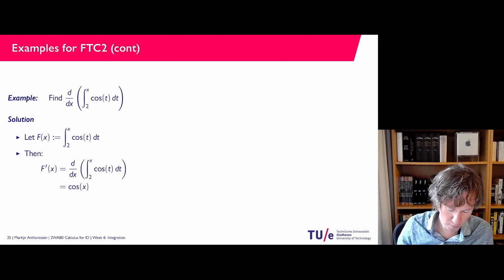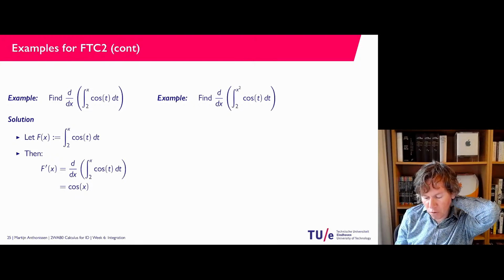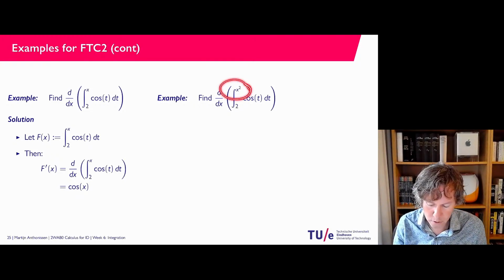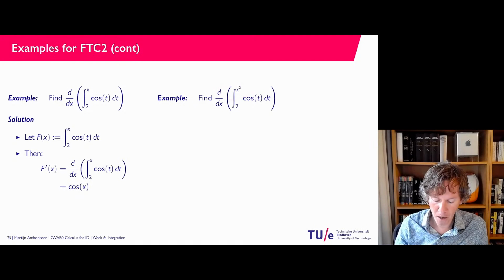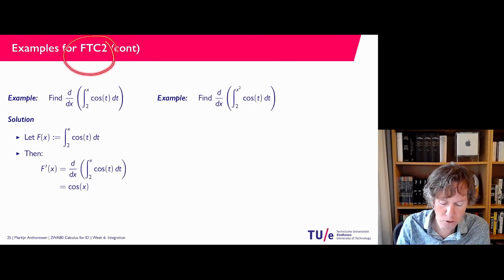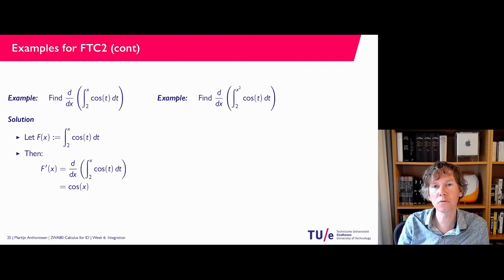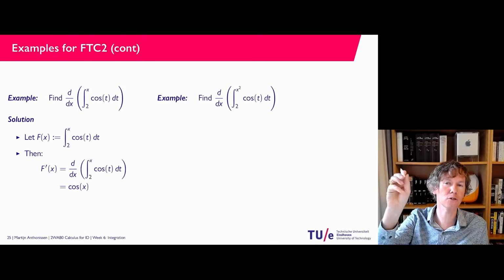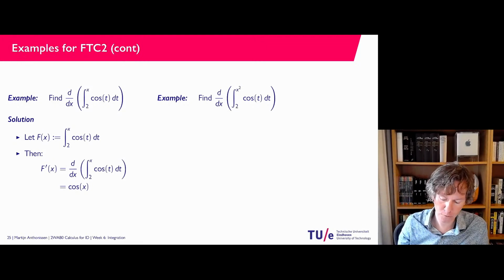Then apparently what FTC2 tells us is that F prime of x is cosine t. So we have the integral from 2 to x squared of cosine t dt. And we cannot directly use FTC2 because FTC2 only works if there is an x in the upper limit. And now there is not x, but there is x squared.